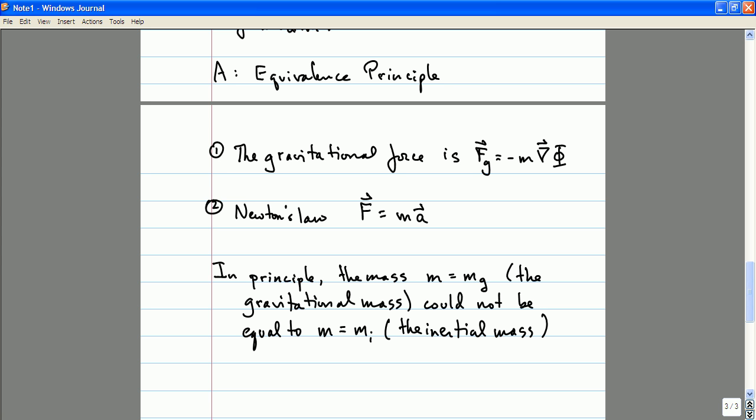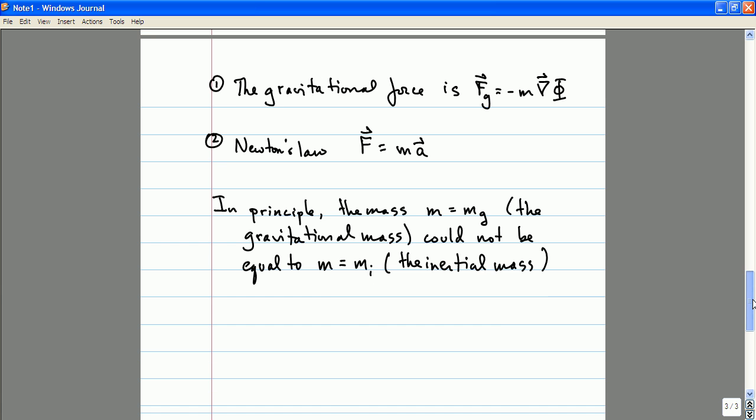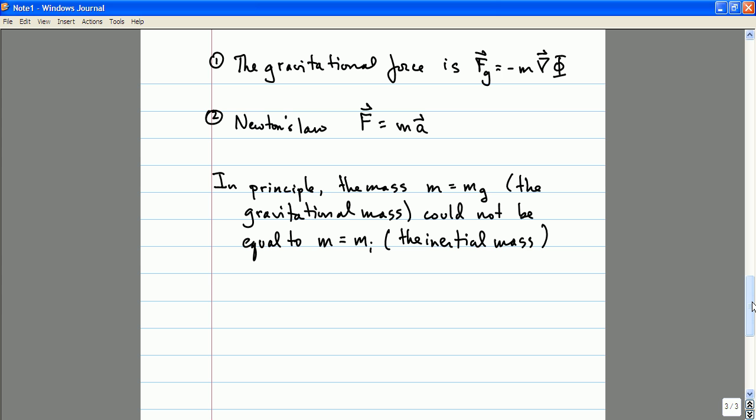So m sub g is the parameter m appearing in the first equation. M sub i is the parameter appearing in the second equation. The first equation is a statement about how an object feels the gravitational force on an object. And the second equation is a statement about how an object moves in response to a force. And it just happens to be that for all known objects, those two parameters just happen to be equal. And so we just use one symbol for it, m, neglecting the subscript.